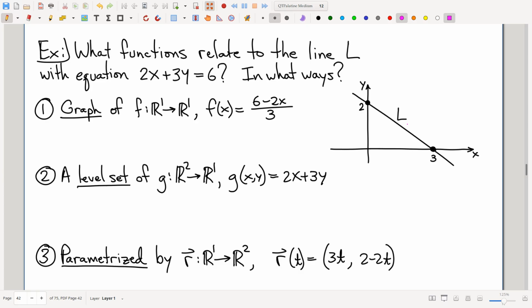Don't say graph if you mean level set. Don't say function if you mean equation. Stuff like this, right? So what makes these questions hard, and again, I've done this on exams several times, no comment about this semester. I frankly have no idea what I'm going to put on the exam this semester. I haven't even started thinking about that.